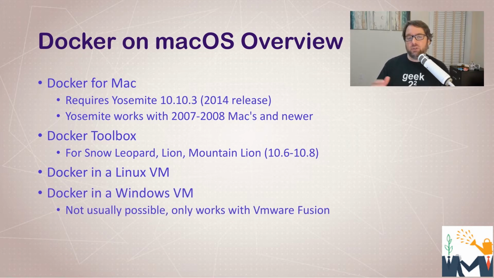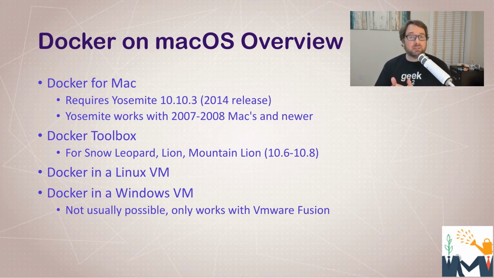Other options include actually installing Docker in a Windows VM on your Mac. That might sound kind of weird. It's like too many layers of stuff going on, right? And actually that requires something called nested virtualization. So I don't really recommend it. I won't support it in this course, really. I won't talk about it.